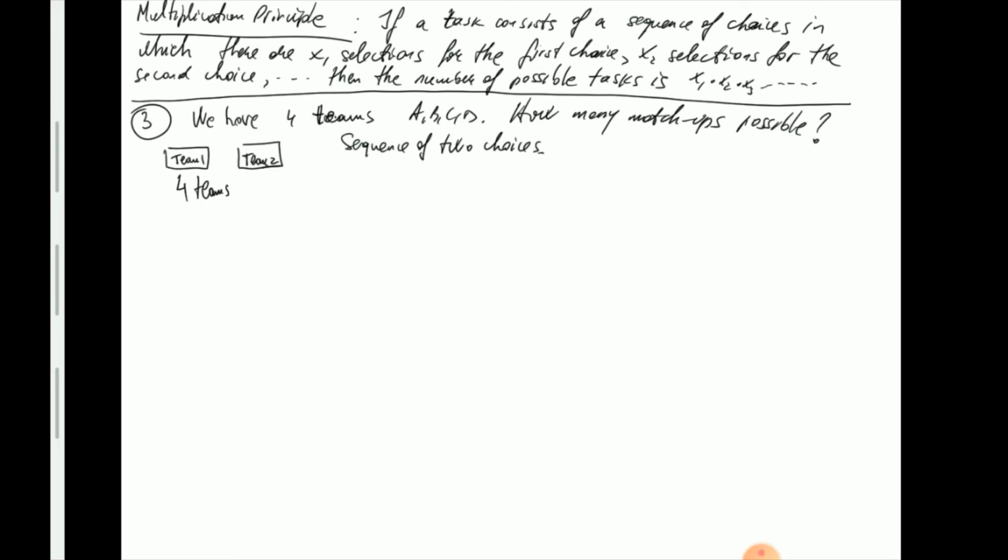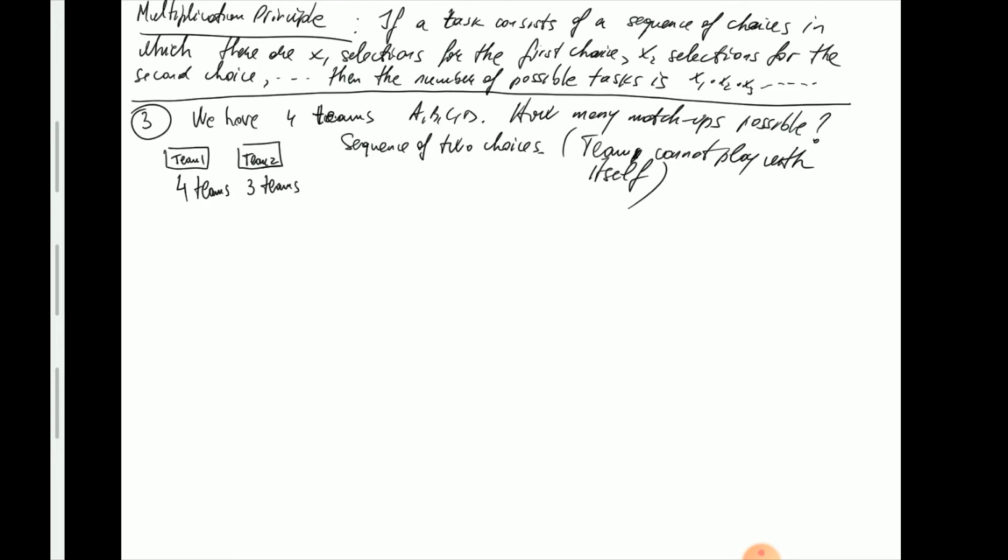Each of them can play with the other ones. Now, and pay attention here, once you look at a given team, a team cannot play with itself. So that means for team number 2, you always have 3 possibilities.